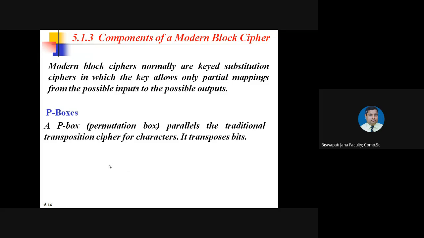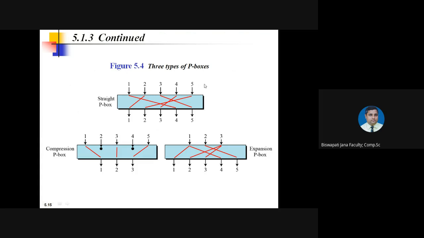So how can it be used? There are basically three types of P box. This is called the straight P box. Why is it straight? Because if there is an input, the number of input lines and the number of output lines are the same. Suppose there are input lines 1, 2, 3, 4, 5. Obviously, in the output there are also 1, 2, 3, 4, 5.